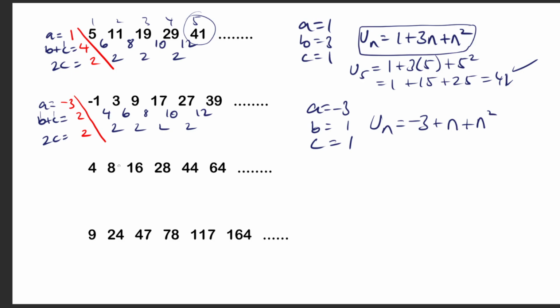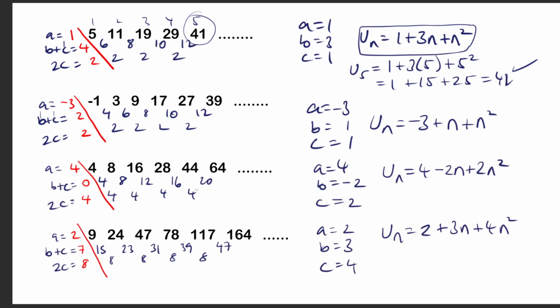And can you pause the video and try these two examples using this method, and then unpause it, and I will show you the answers. Okay, so these are the results that you should have got. You might have got confused on this one here, when you got the 4 here. Now 4 take away 4, you got a difference of 0 here.